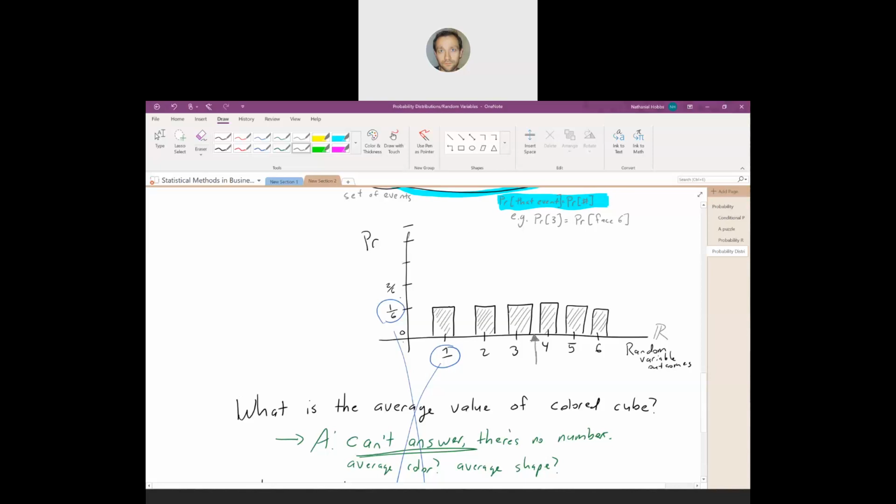Here, this is the middle point, 3.5 is the balance point.